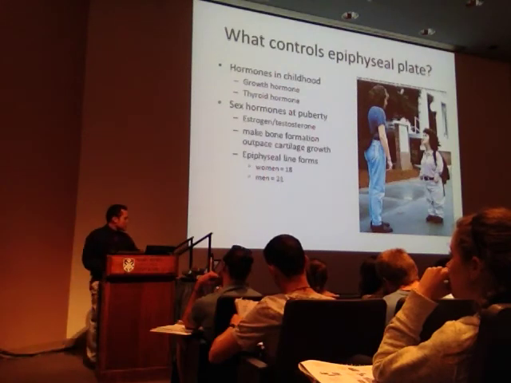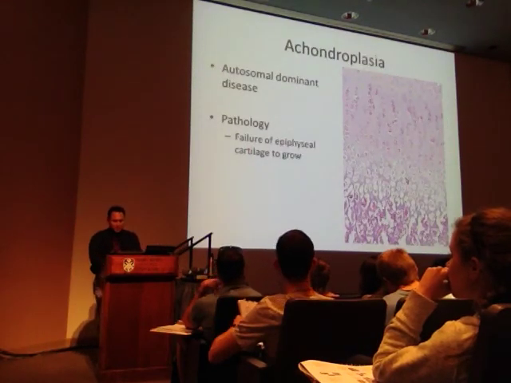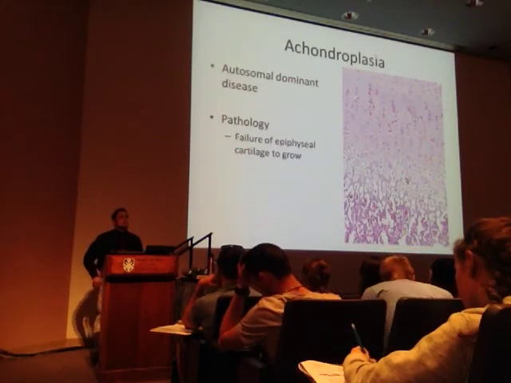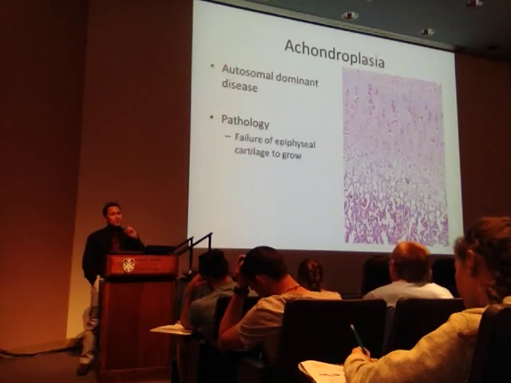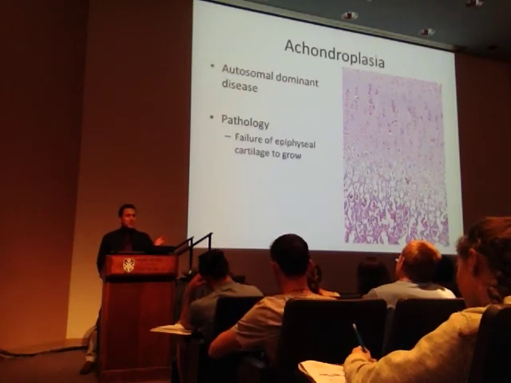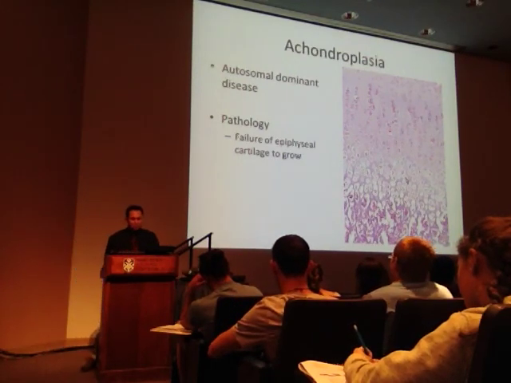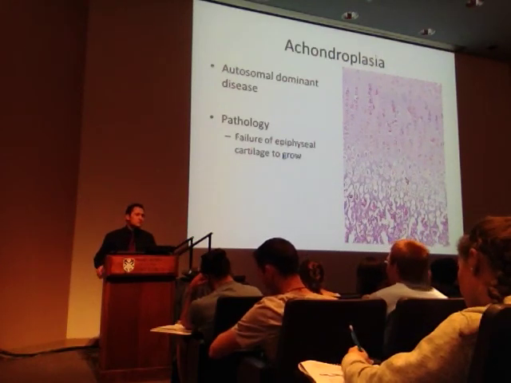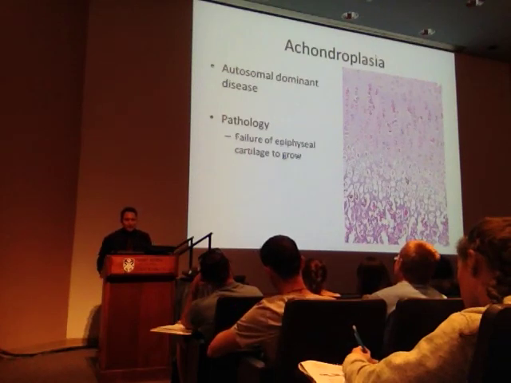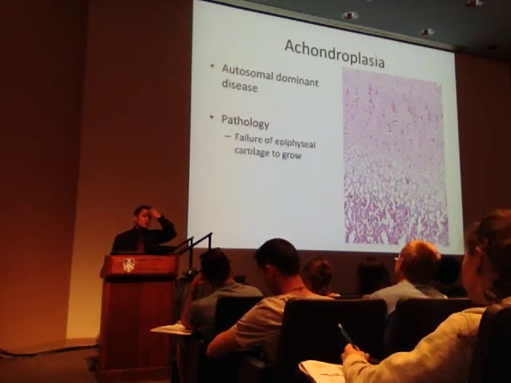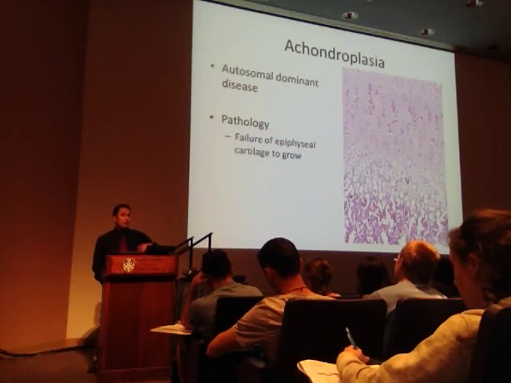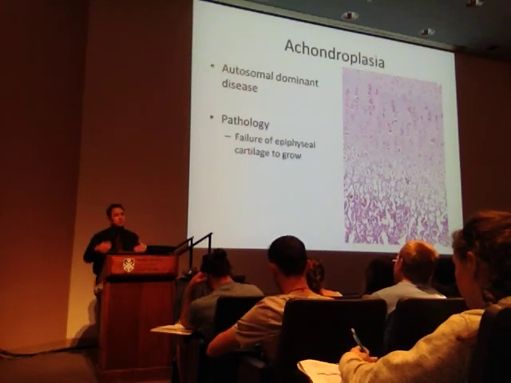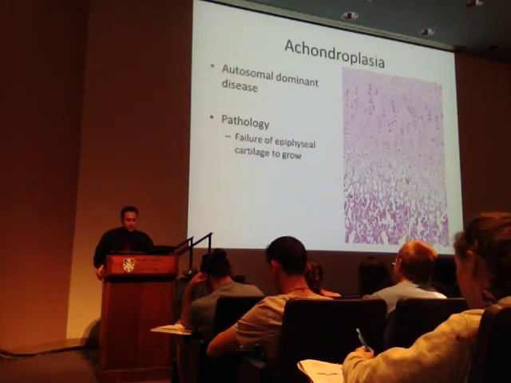Okay? Some of the other concerns that we have clinically, other than the short stature, which isn't a big deal, is that this can cause problems with the spine. So we get spinal stenosis. We can get a lot of abnormal curvatures of the spine, like scoliosis or abnormal kyphotic curves or lordotic curves. They do tend to have a prominent frontal bossing because that bone does tend to harden preferentially, meaning the forehead has a pronounced appearance to it.